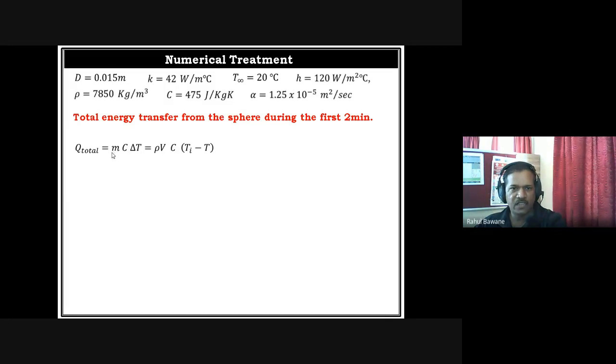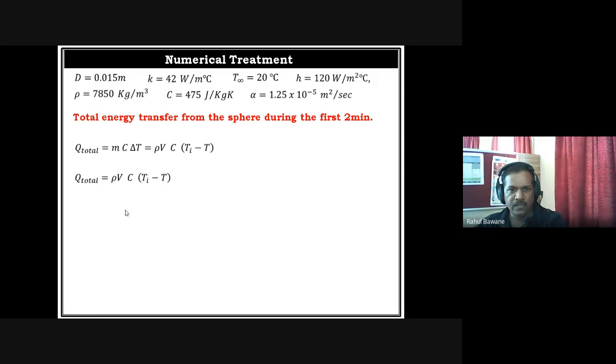Mass. Mass can be replaced by rho into V, density into volume. C is already given, the specific heat. For delta T, initially the sphere is at initial temperature Ti of 550, and after 2 minutes it reached the temperature T, which we just found out.